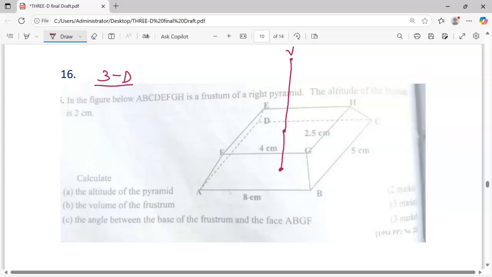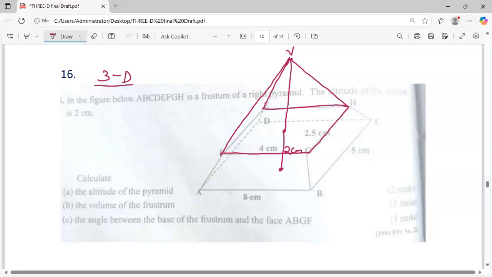We have been told that the frustrum is 2 centimeters high. So if we connect V to E and V to H, we can as well connect V to the point F like that. Once we have done that, we are now good to go.